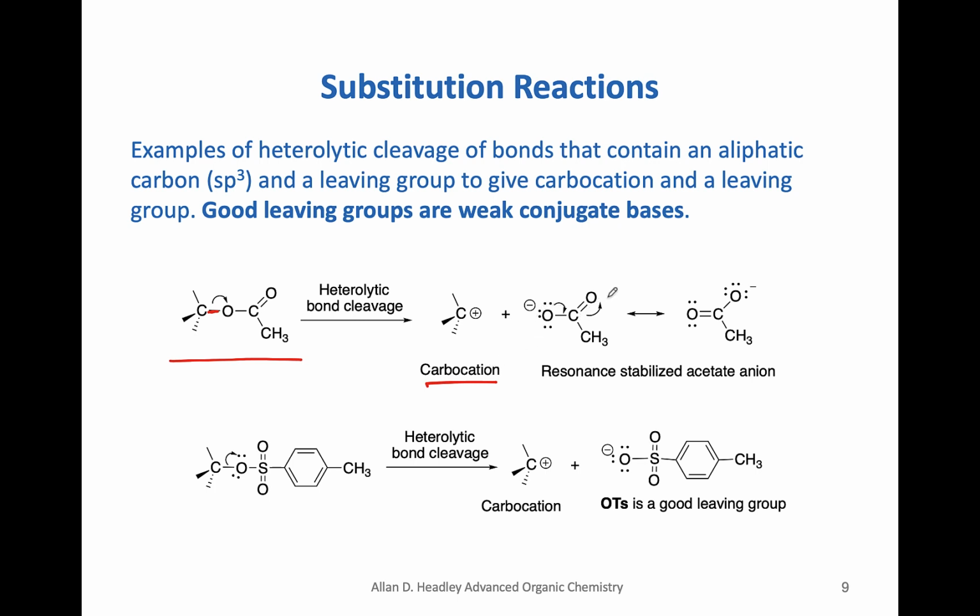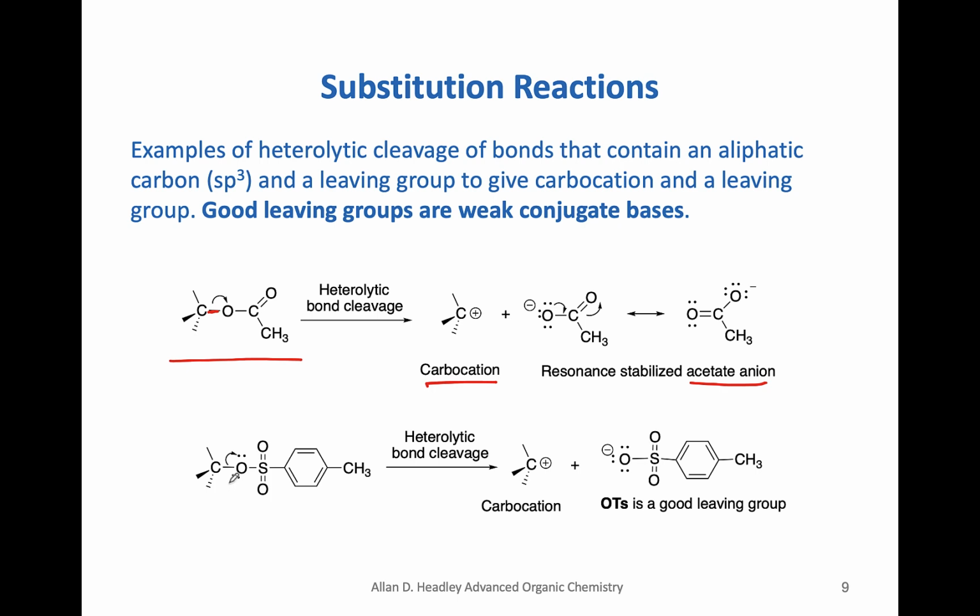These electrons can be delocalized. As you'll notice here, this is the carboxylate anion, or the acetate anion. And it's resonance stabilized, which means it's fairly stable, which means that it is a good leaving group.